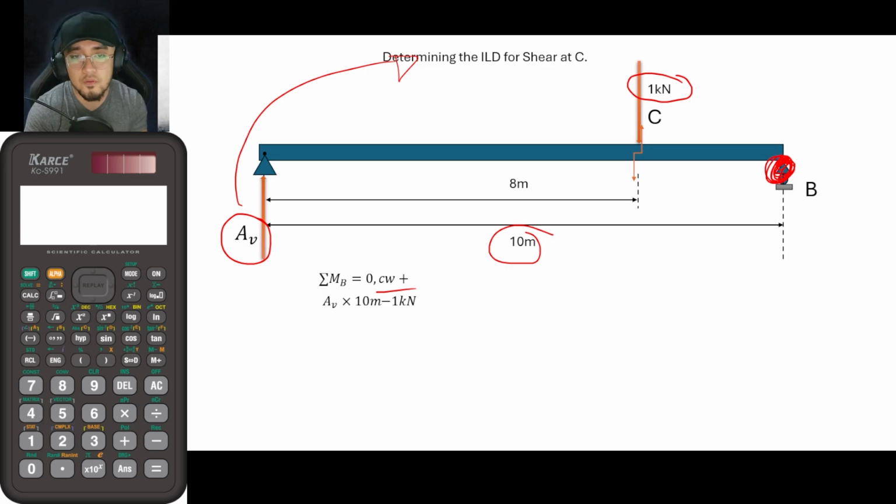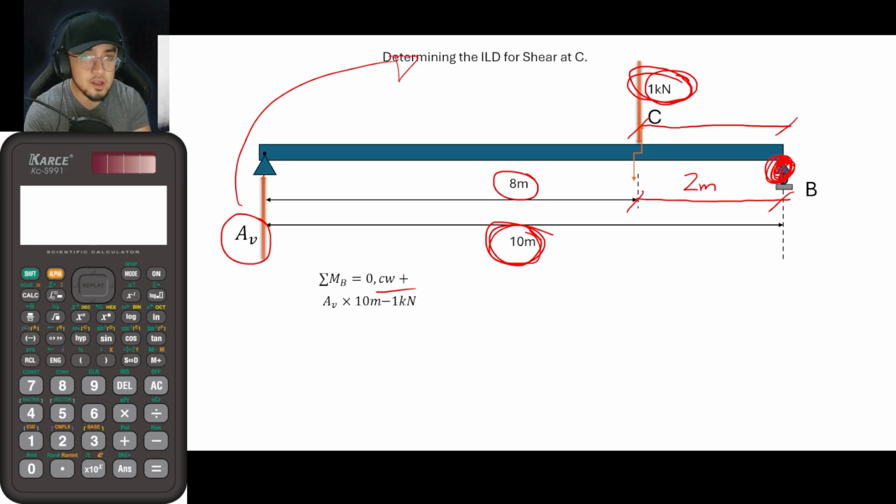And take note of the lever arm. If this here is the load, the lever arm is the perpendicular distance from this force up until this point. So if this is 10 meters, this is 2 meters, we could now say that this portion here is 2 meters, or 10 minus 8. Okay, so from that, guys, the lever arm here would now be equal to 2 meters.